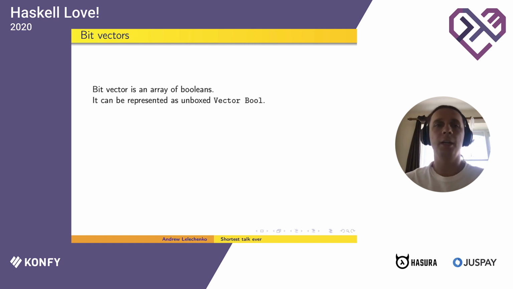And it's a very nice representation, and I think we can finish our talk at this point, unless someone is unhappy with vector of Bool as a representation for bit vectors.